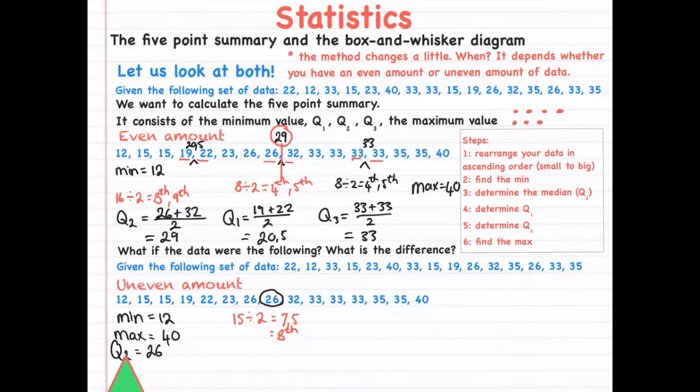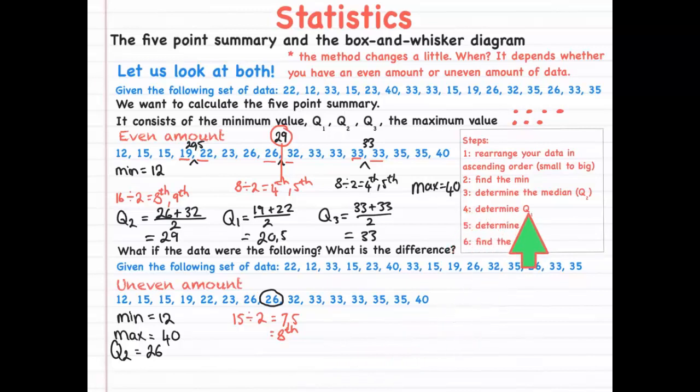Please don't write Q2 is 8. It will be the 8th number in our data set. And then we just go and count 1, 2, 3, 4, 5, 6, 7, 8. There we go, and it will be 26. And you can see it's right in the middle. See, because 1, 2, 3, 4, 5, 6, 7 numbers to the end, 1, 2, 3, 4, 5, 6, 7 numbers to the front. Okay, brilliant.